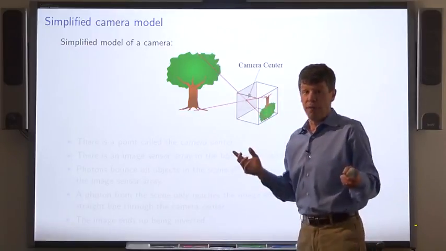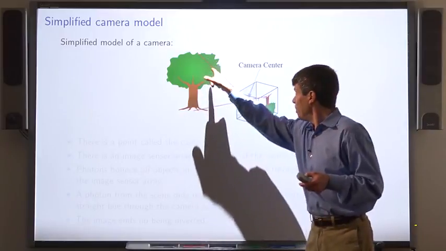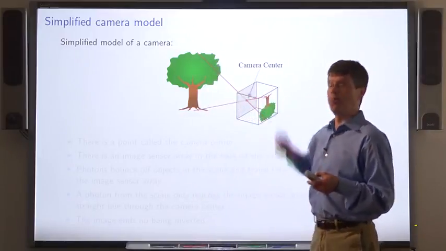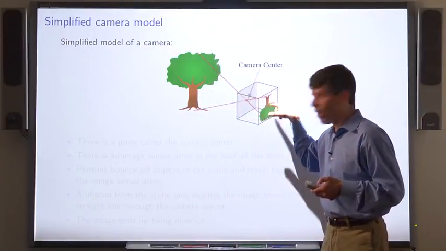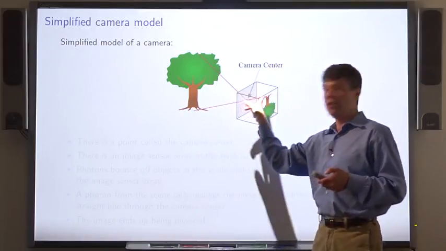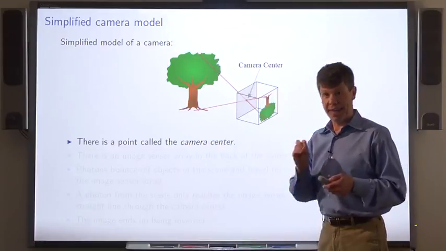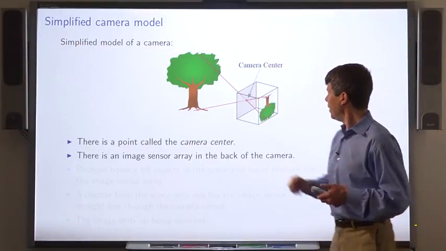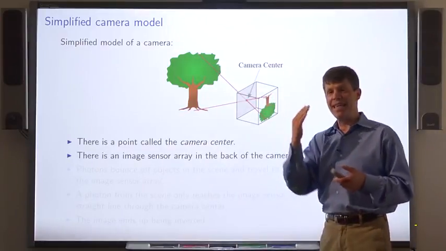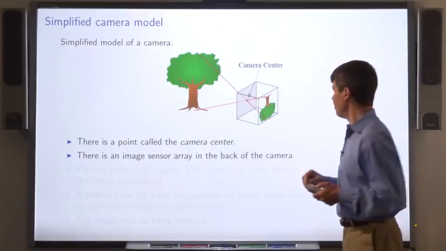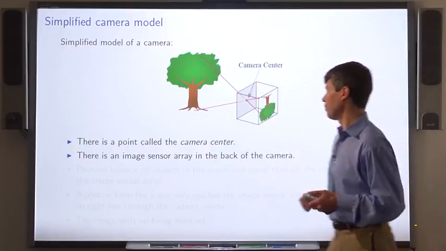A photon only gets into the box if it goes through the hole. So the only photons that hit the back are those that go straight through the hole. The hole is called the camera center. And in the back of the box, there's an image sensor array. That's what detects the photons.